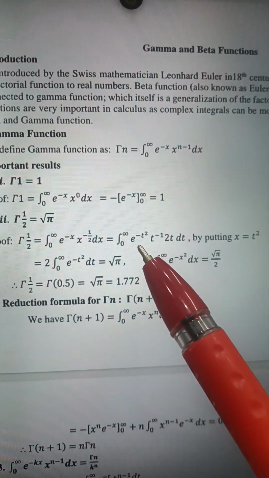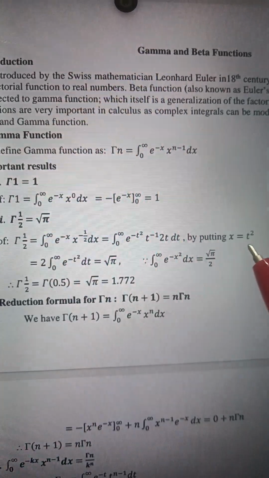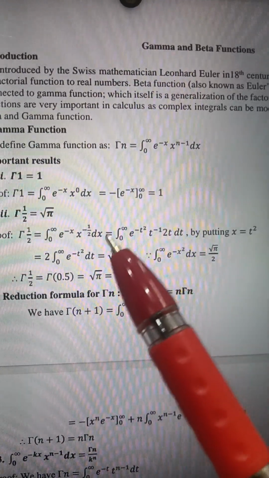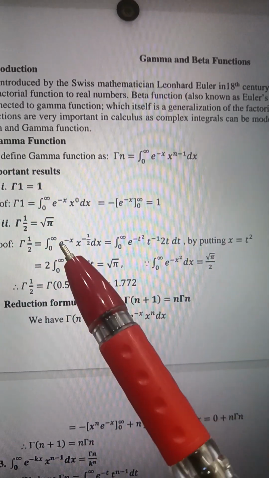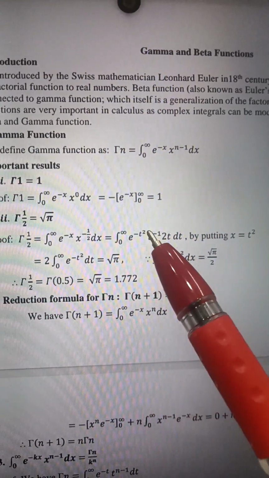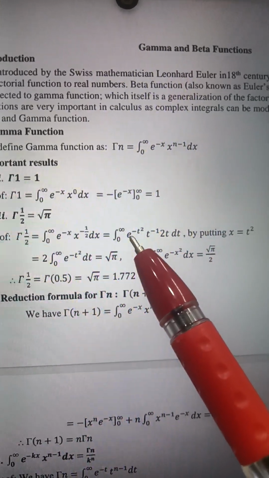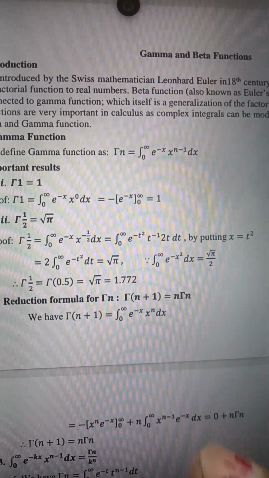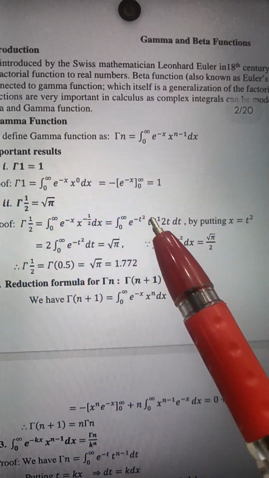So now next step is, we will put x is equals to t square. In place of x we are writing t square. So e to the power minus x, what will become here? Minus t square. x to the power minus 1 upon 2 will become t to the power minus 1.